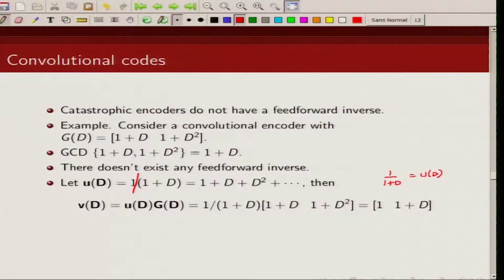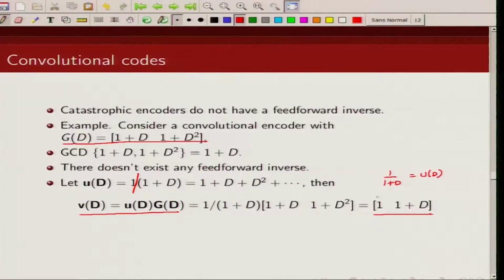Now, if I give this input to my convolutional code, whose GD is given by this, what is my output? My output is UD times GD. So, this will be given by this.